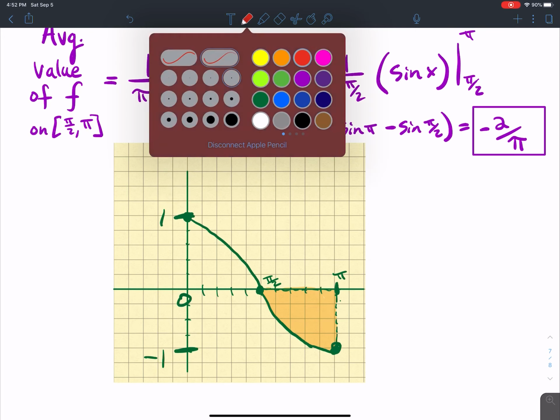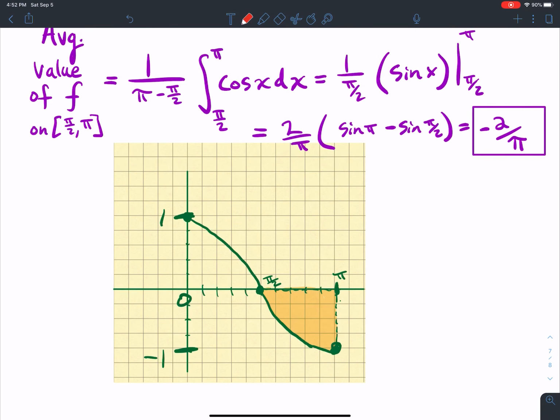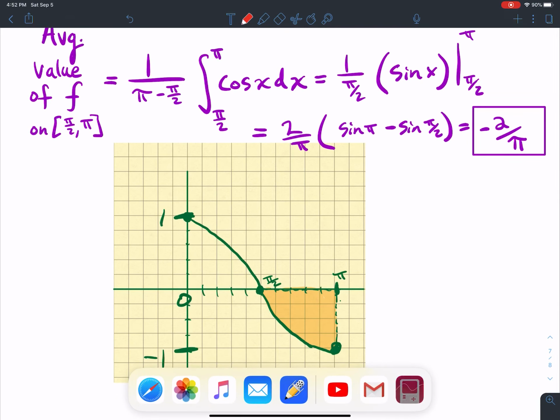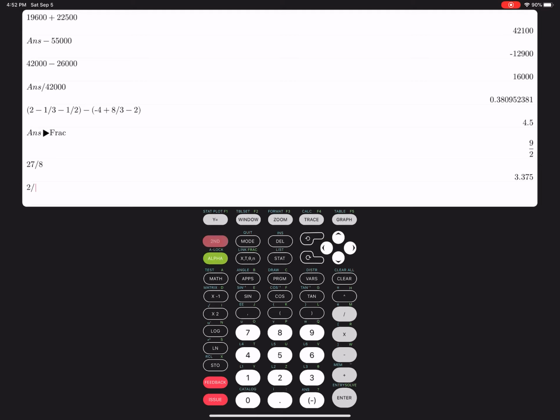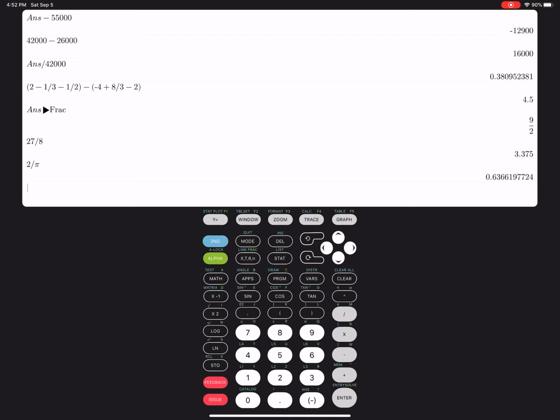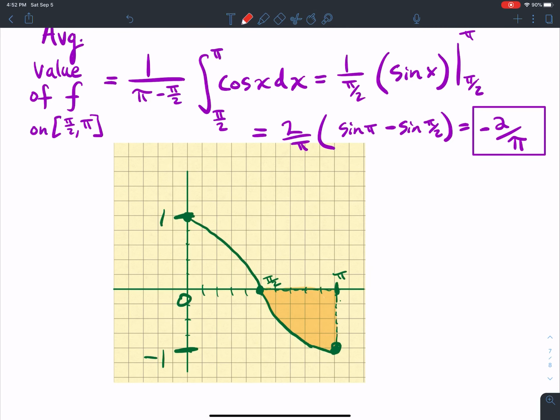So let me do this. So this number represents the average value, right? So 2 divided by pi, what is 2 divided by pi? Let's see, where is my pi button? Okay, right there. That's 0.636. So 0.636 is somewhere in here. So this value right here, this is my negative 2 over pi value here, okay?